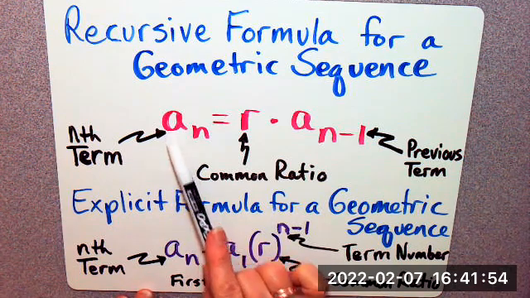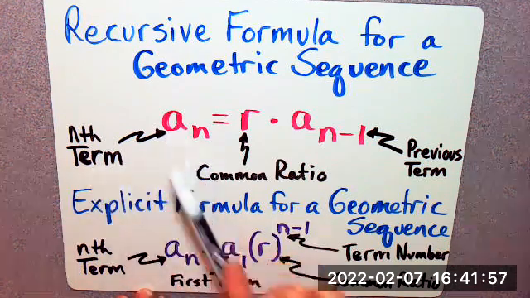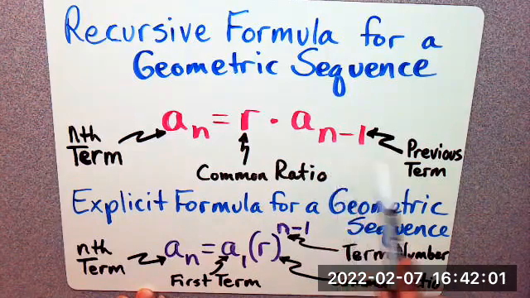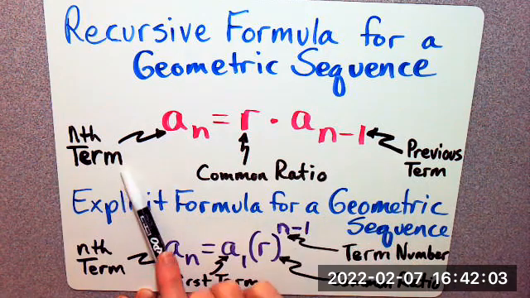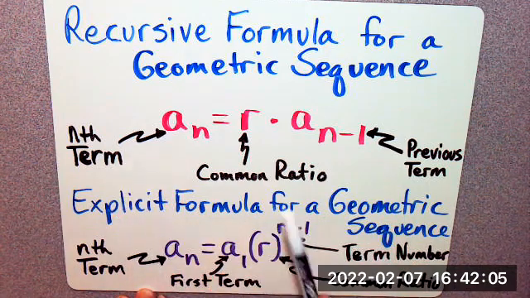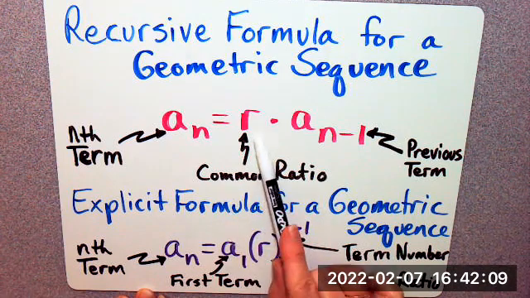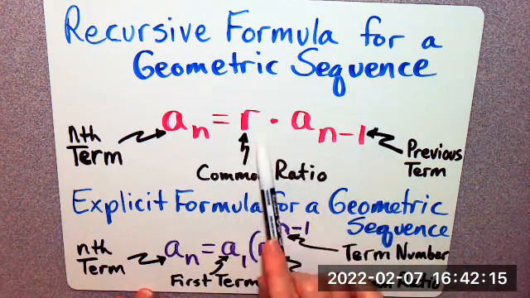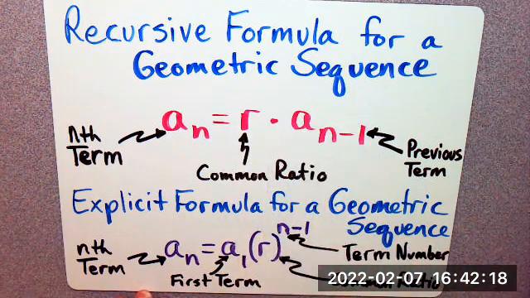This means the nth term, and this means the term right in front of the nth term, so the previous term to the nth term. And r is our common ratio. Now we know this as b for our common ratio when we're dealing with exponential equations, but when we start dealing with sequences, we've changed that to an r.